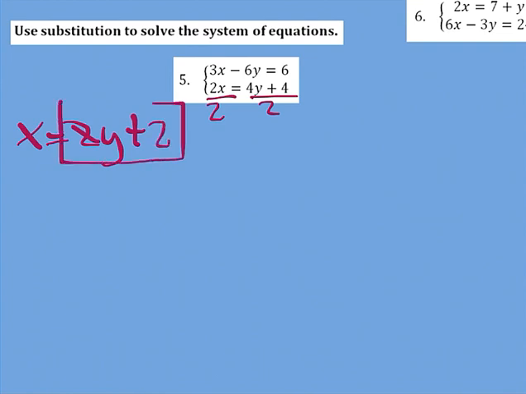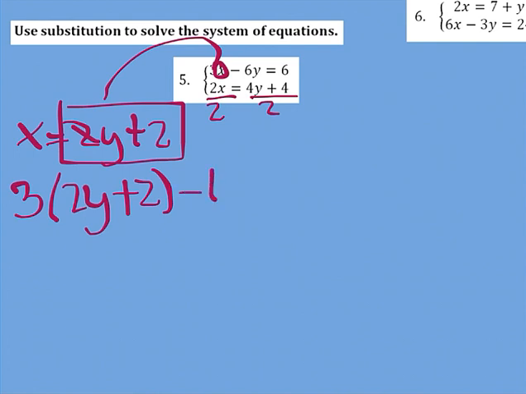Where I see x up here, I'm going to remove that x completely and put in 2y plus 2 instead. I take out the x and put 3 times (2y plus 2). The rest of the equation stays the exact same.